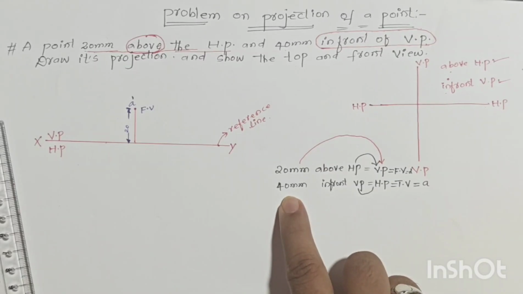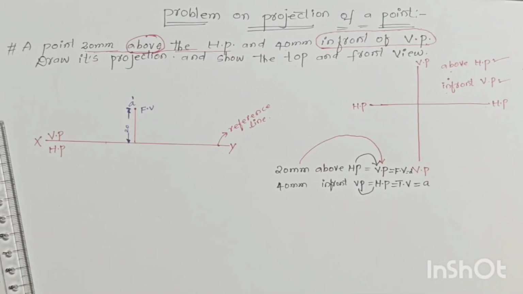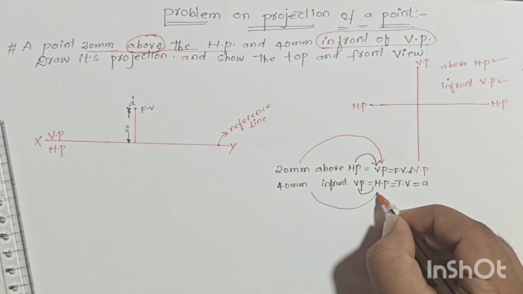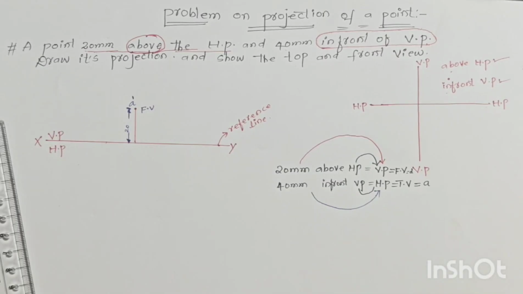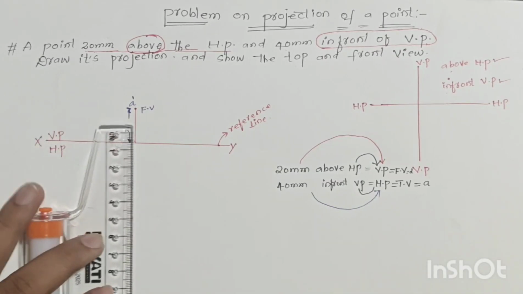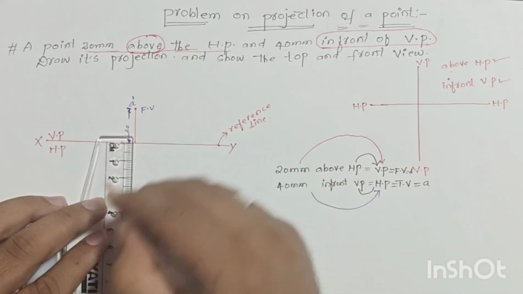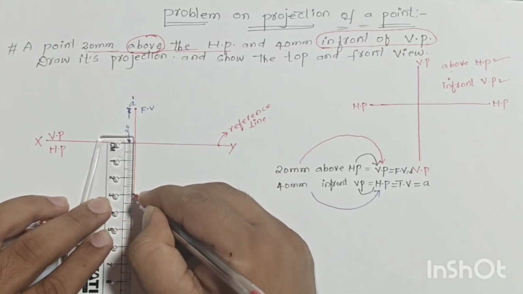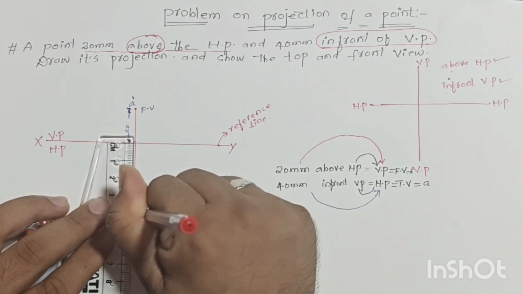40 mm in front of VP means this 40 mm is resting on where? Resting on HP. Is it right? 40 mm we need to measure from the reference line. How much length do we have to measure? 40 millimeter.